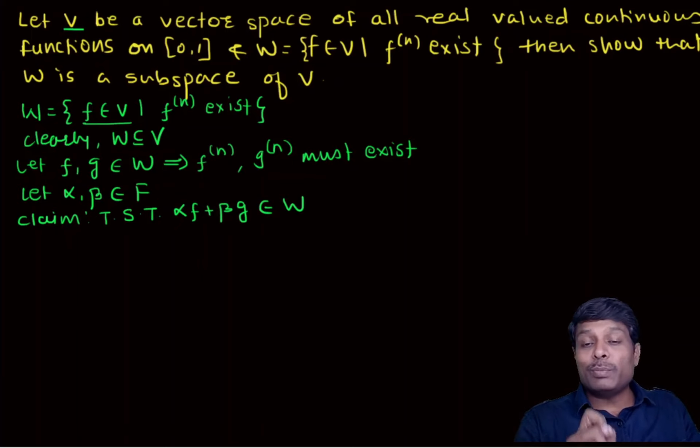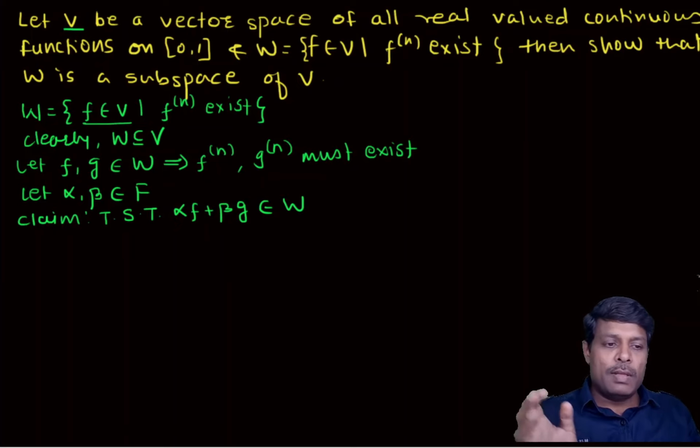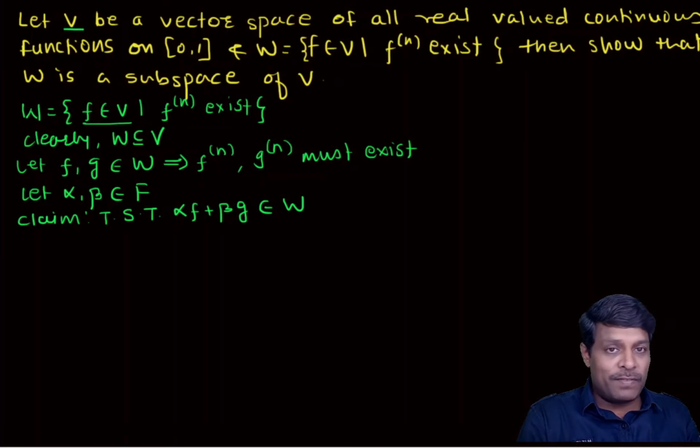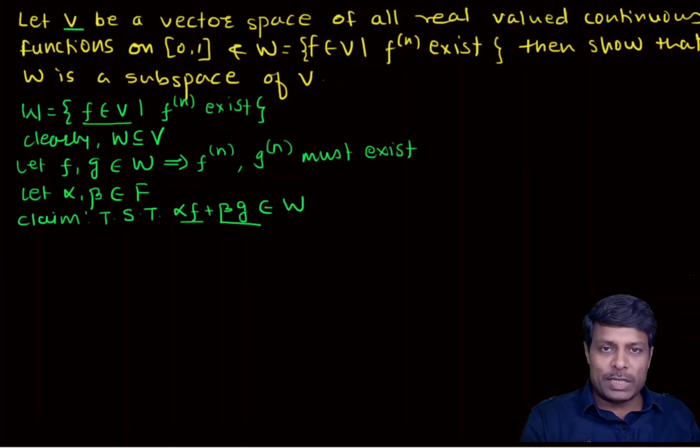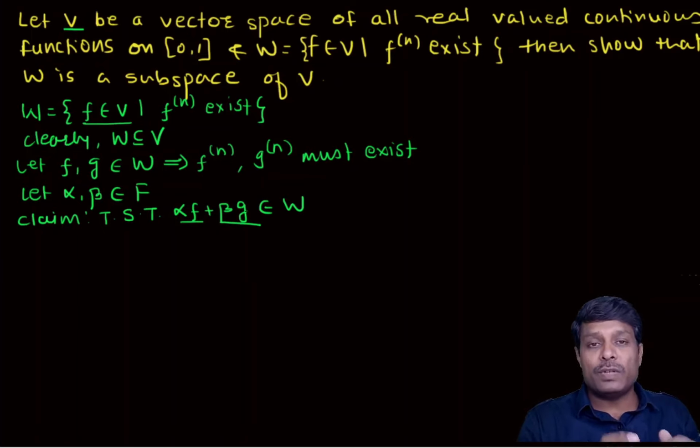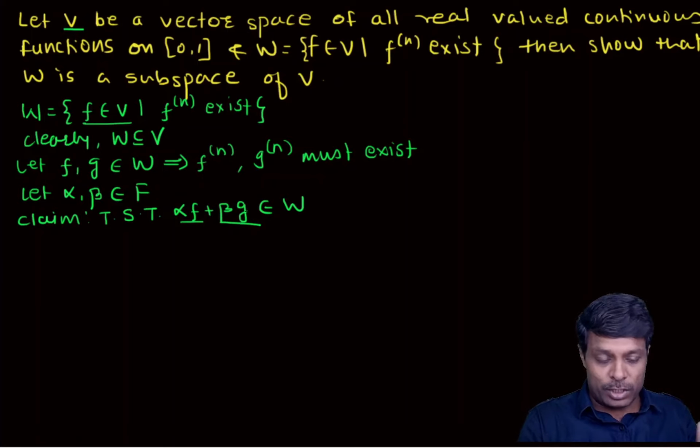So how can we prove this? Since f is a real valued function and g is a real valued function, multiplication by any scalar of a real valued function will not affect its property of being a real valued function. Therefore alpha f and beta g both are real valued functions, and we know that the sum of two real valued functions is again a real valued function.